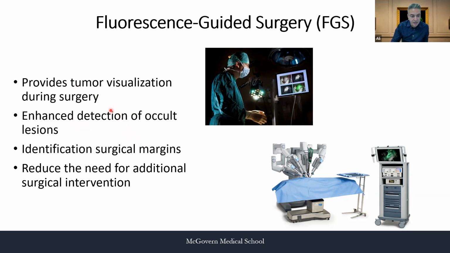If these are done more effectively, complete resection rates will increase and the need for additional surgeries will go down. This is an example of a Da Vinci surgical robot used for minimally invasive surgery, and it's got the Firefly detection system built into it, which allows these near real-time intraoperative images to be used by surgeons for determining where and how much to cut.